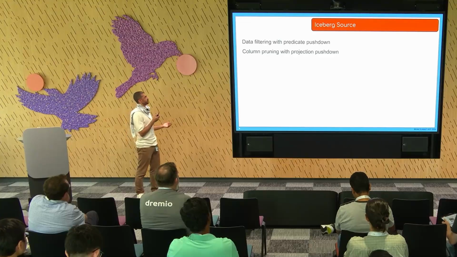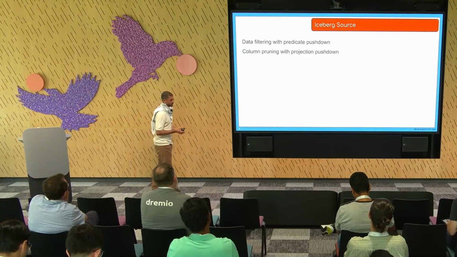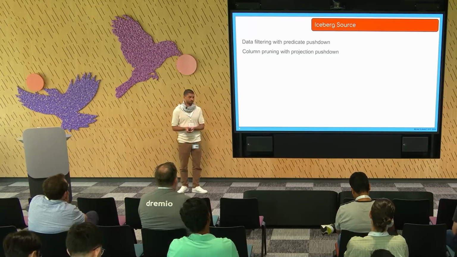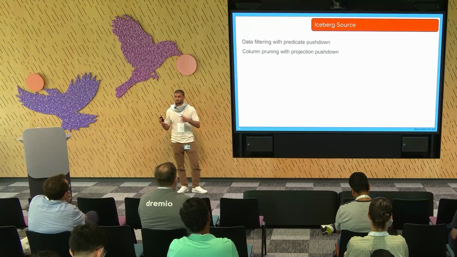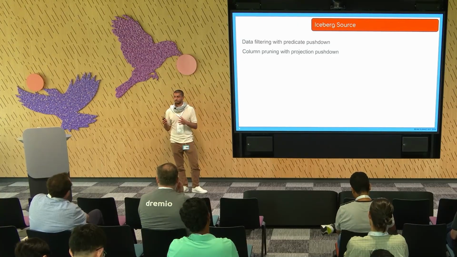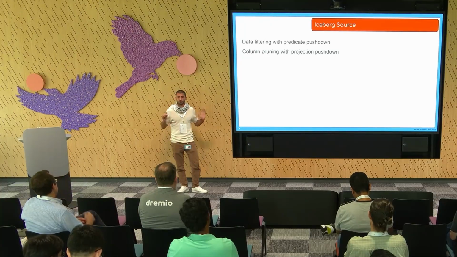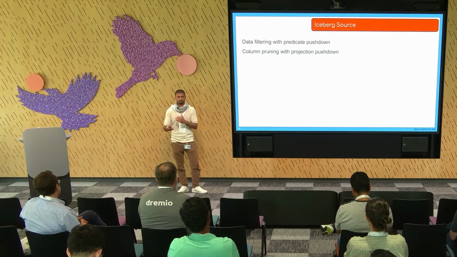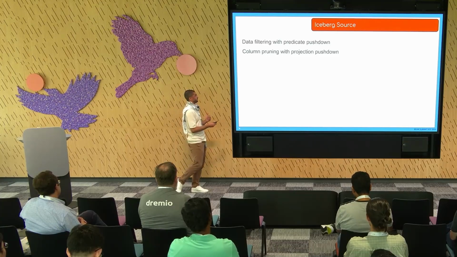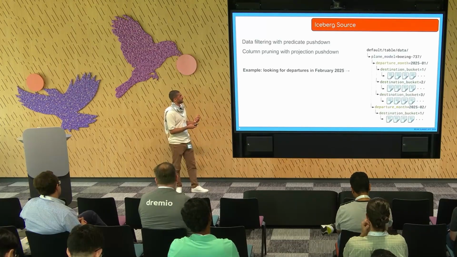We support data filtering with predicate pushdown and column pruning with projection pushdown, which basically means that any data filtering or column pruning, we do it at the scan level. We don't do it after we've read the whole table, so we save that time and effort.